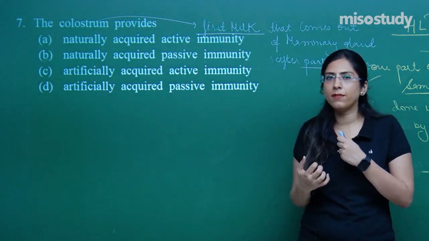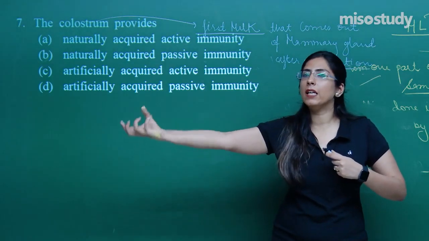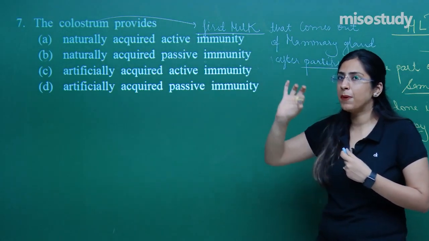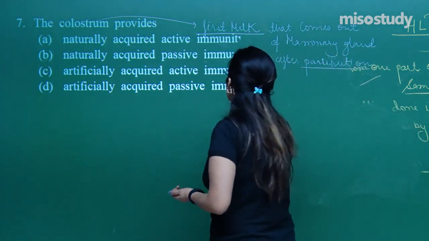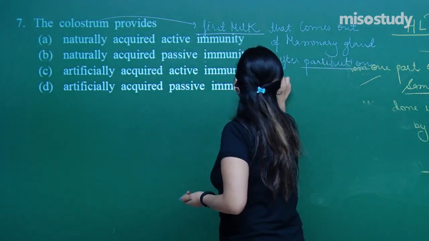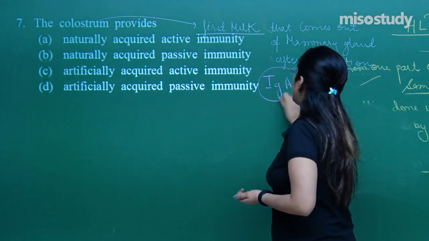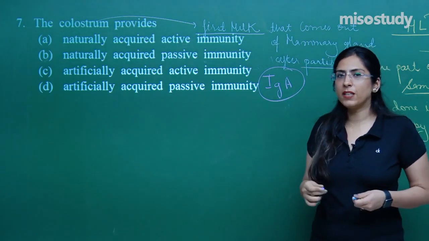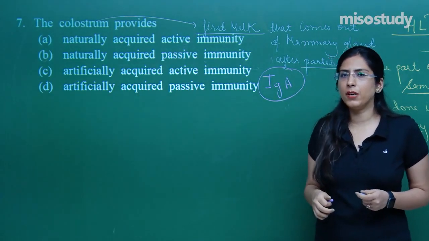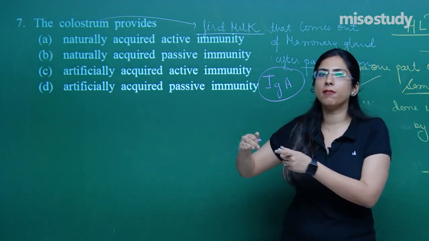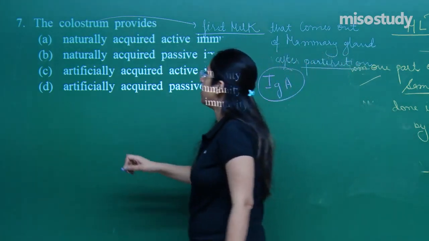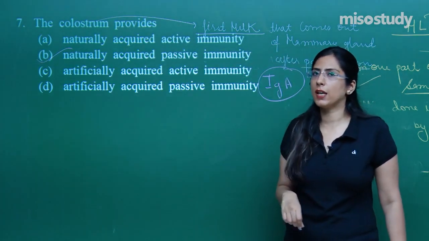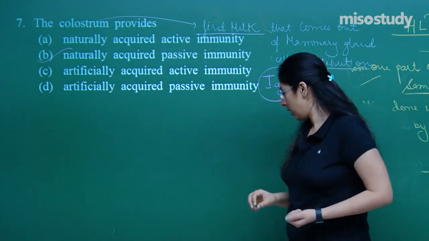When we talk about passive immunity, that means we are supplying the antibodies from outside. Similarly, colostrum has antibodies, and from the mother's milk, the IgA antibody is transferred from the mother to the baby. So basically we are transferring those antibodies, which means it is a passive process. So the correct option is naturally acquired passive immunity. For the 7th question, the correct option is B.